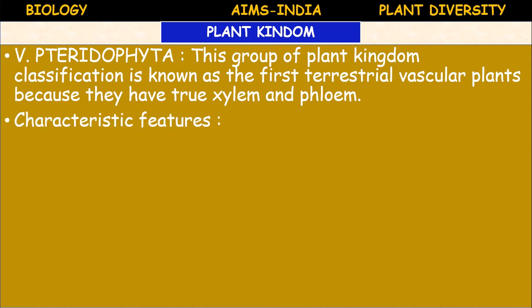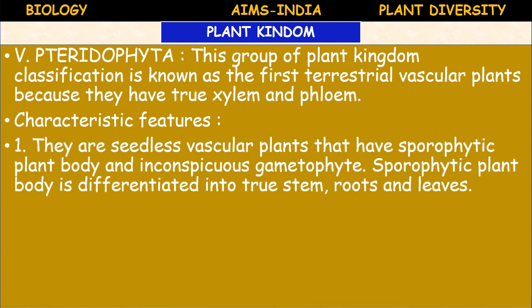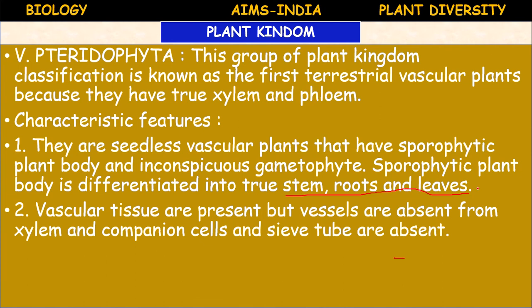If you see the characteristic features, they are seedless vascular plants that have a sporophytic plant body and an inconspicuous gametophyte. The sporophytic plant body is differentiated into true stem, true roots, and true leaves. Okay, stem, root, and leaves appear. That's why these are the first landed plants, seedless vascular plants.